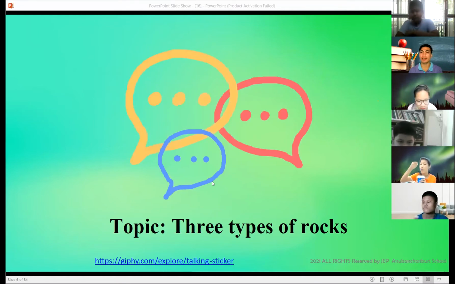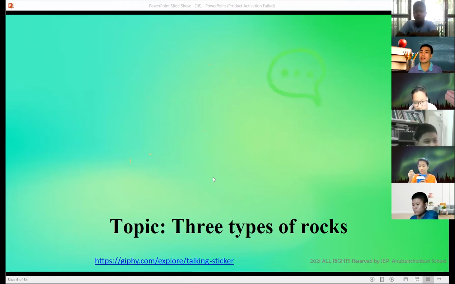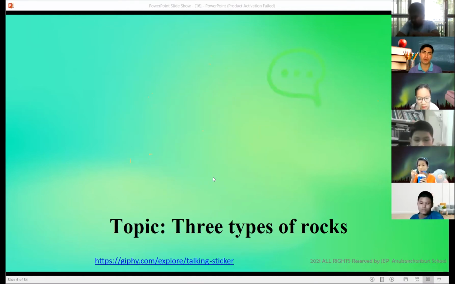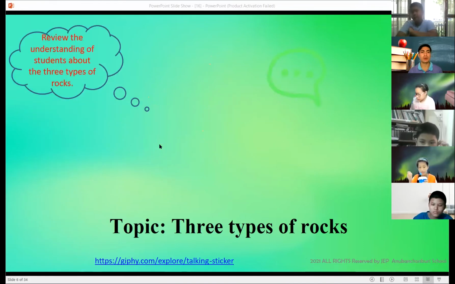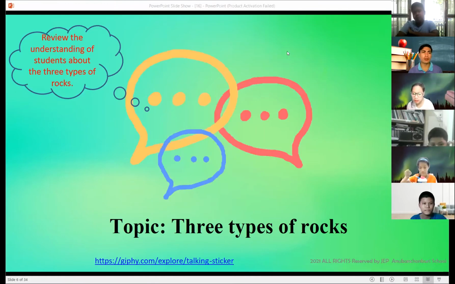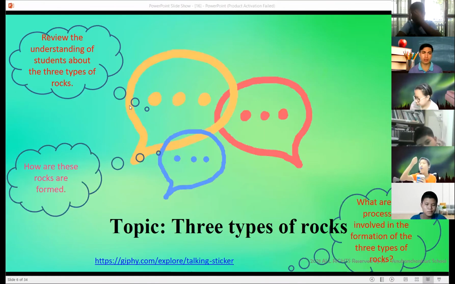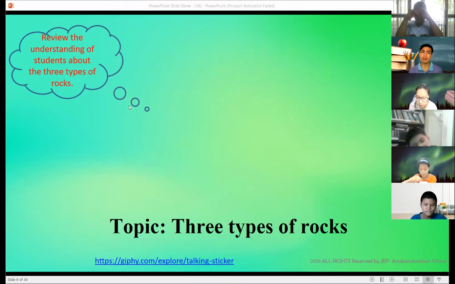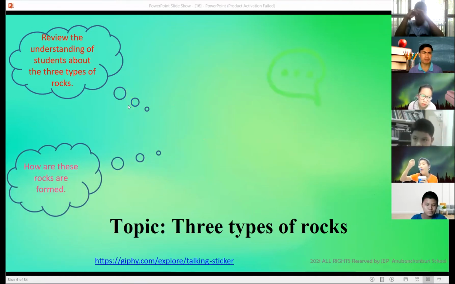These are the igneous, sedimentary, and metamorphic rocks. We're going to review today the understanding of the students about the three types of rocks. So you need to expect that I will be asking you plenty of questions this afternoon.